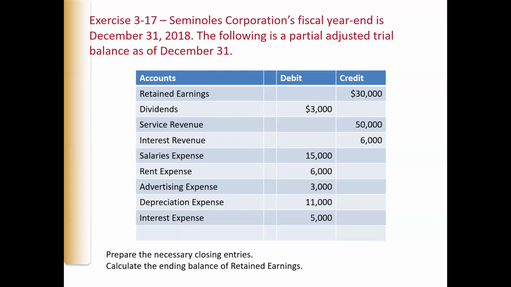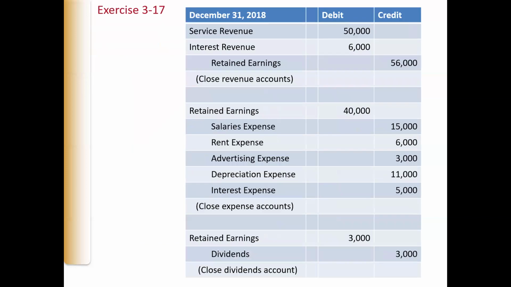Well, we want to zero out our revenues. So we're going to debit our two revenue accounts, our service revenue and our interest revenue, and credit retained earnings. That closes out our revenue accounts. Our expense accounts, to close them out, we're going to credit those, and we'll debit the total to retained earnings.